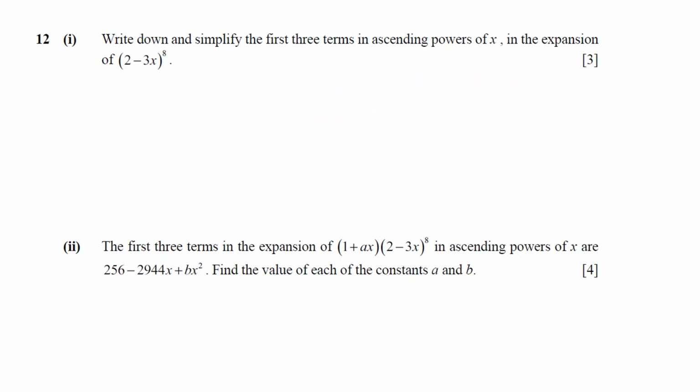Okay. Right, let's look at the next question. This one is using the binomial theorem to expand the first three terms of the expansion. The only thing to watch out for is that this is a negative 3x. So let's write down the formula. The theorem will be given to you in the formula sheet, so you don't really have to memorize it, but it's good to remember it.